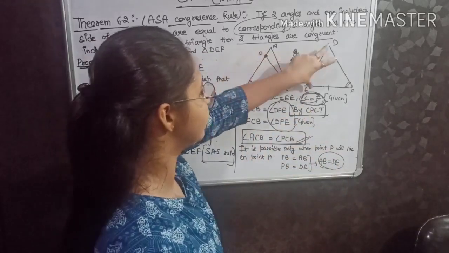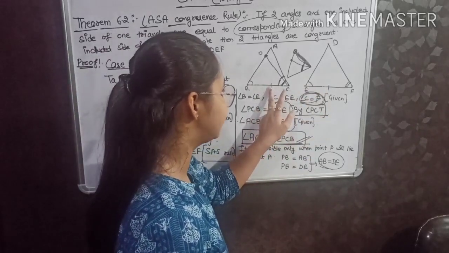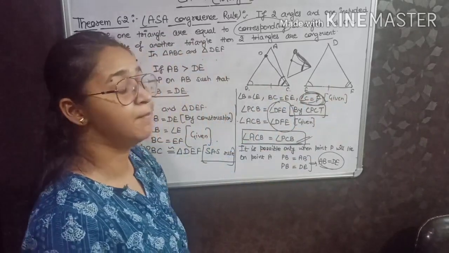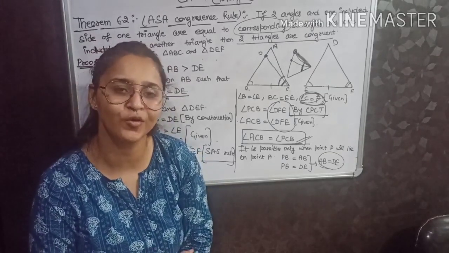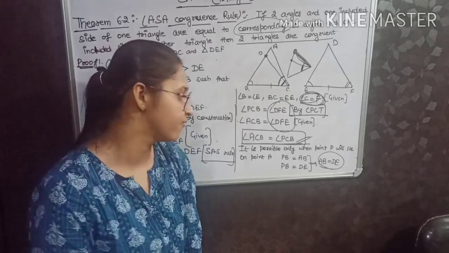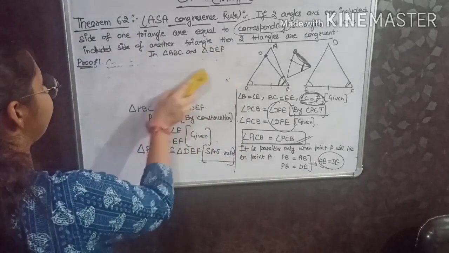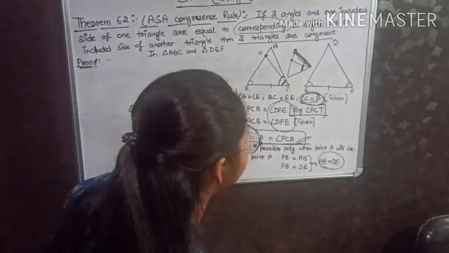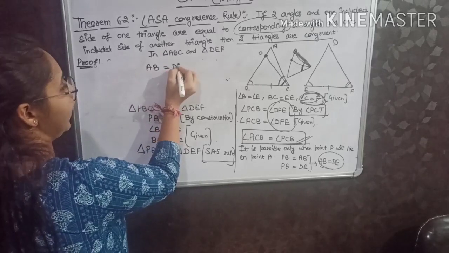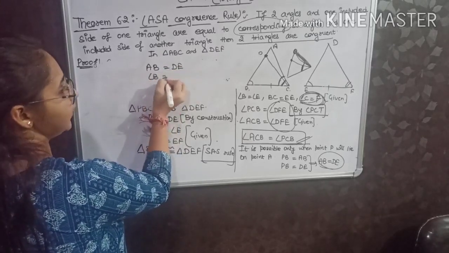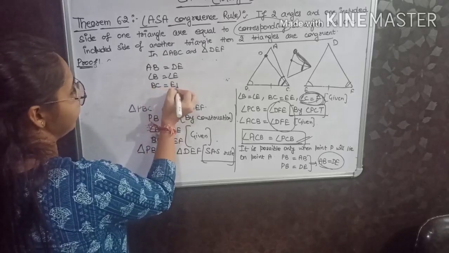And if AB is equal to DE, angle B is equal to angle E, and side BC is equal to side EF, then by SAS rule again, triangle ABC is congruent to triangle DEF. So after this step, you can write AB is equal to DE, angle B is equal to angle E, BC is equal to EF.